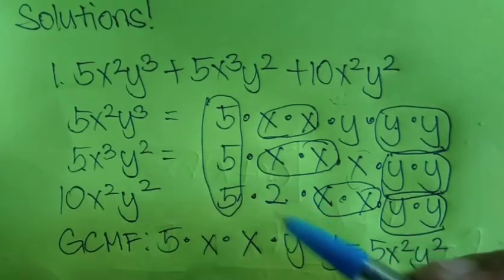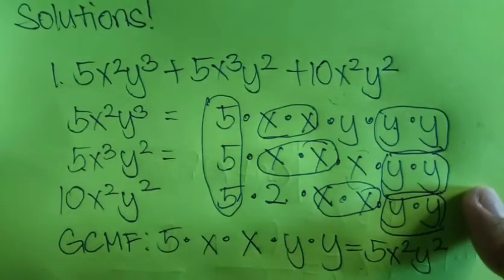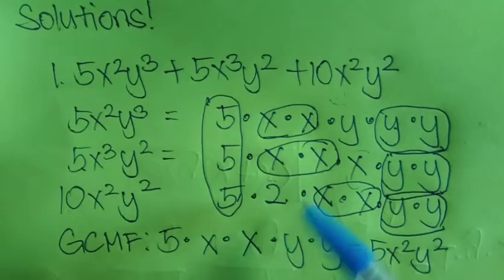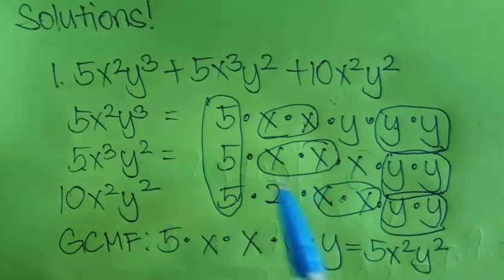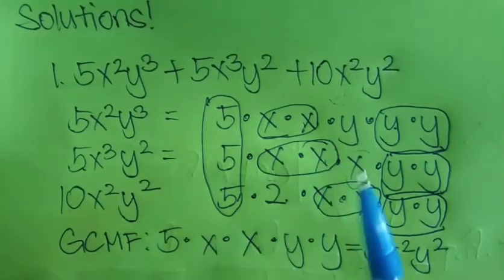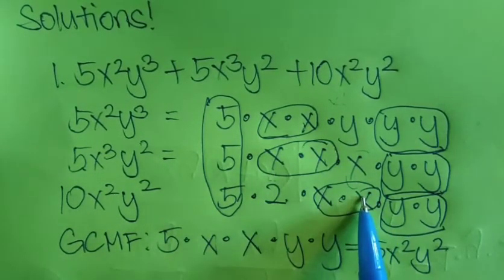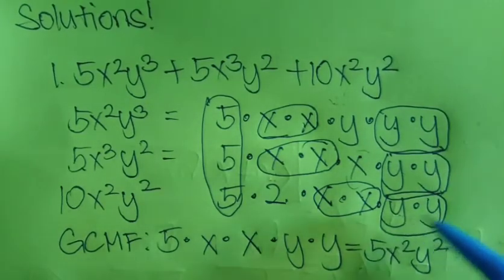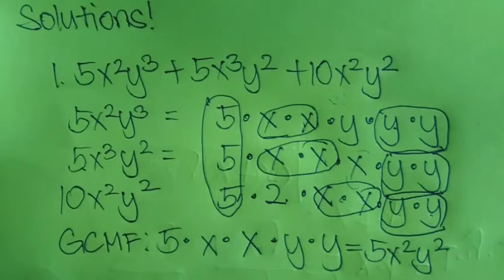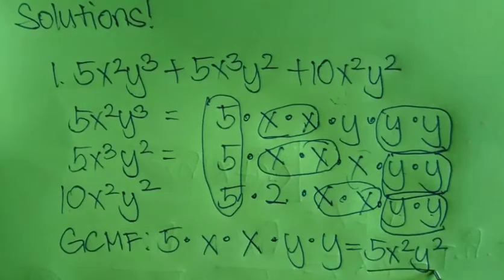Ganon din kay 2. Walang 2 itong dalawa, which means hindi kasama yung 2 sa GCMF. Dalawang x lang ang meron, dalawang x lang din ang meron dito. Same thing with the third term. Ganon din sa y. May tigda dalawa sila. And yun, yung magiging factors ng GCMF. We have 5x squared y squared.